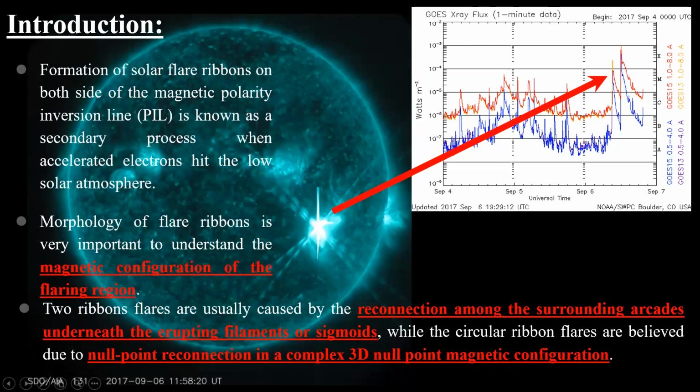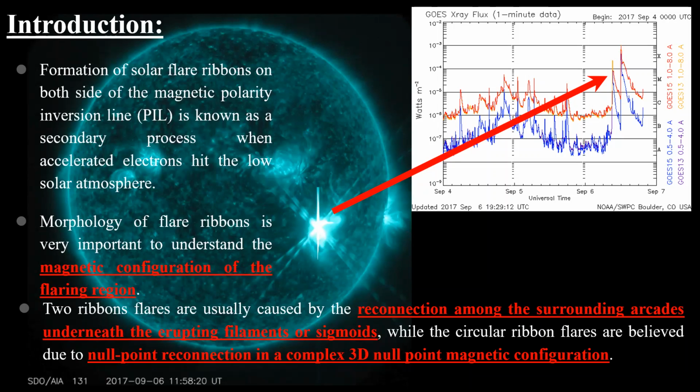Okay, the important thing when these kinds of flares occur: the first stage is the magnetic reconnection. The second point is the formation of flare ribbons.